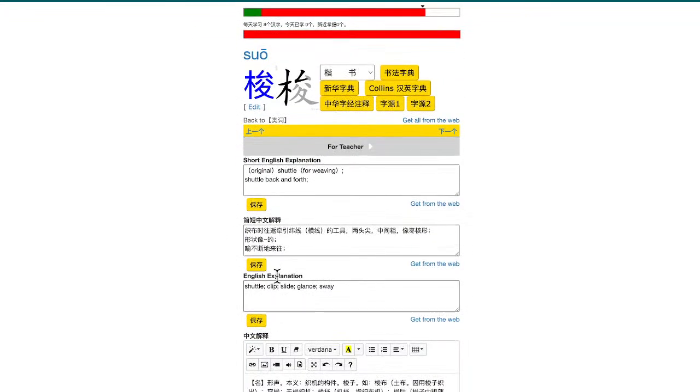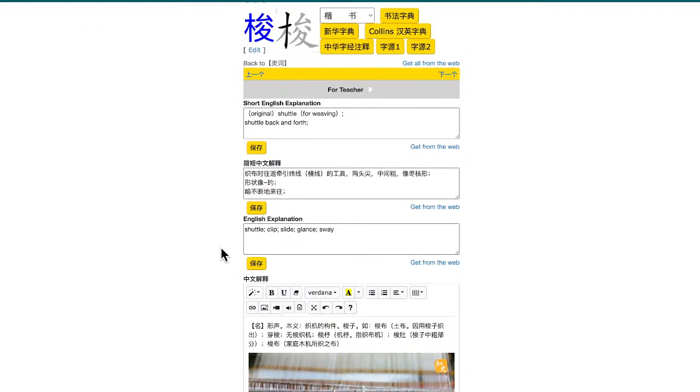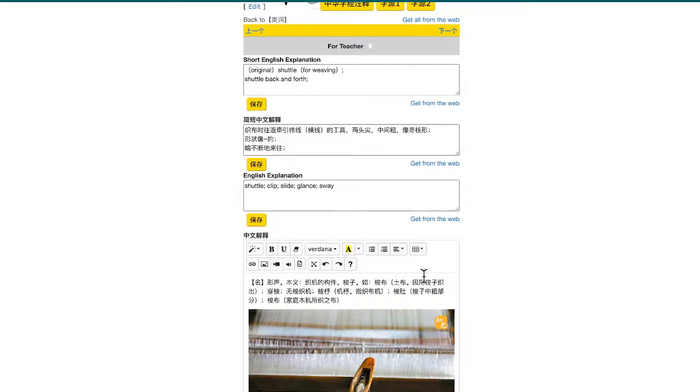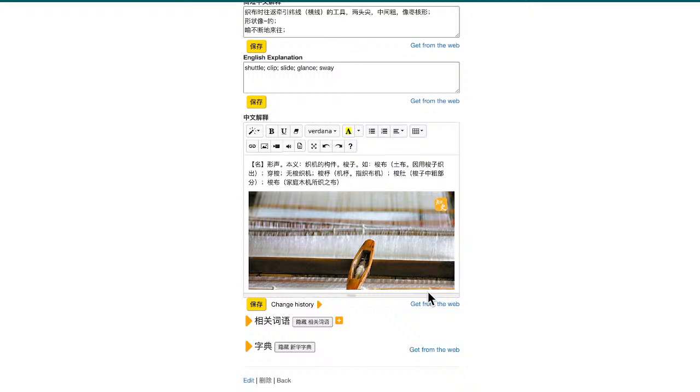Other than that, it's used as a verb that means to shuttle back and forth, slide, glance, sway. Basically it's a movement back and forth. It's called 梭.